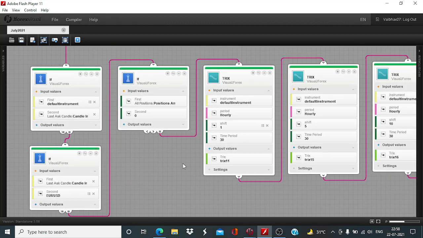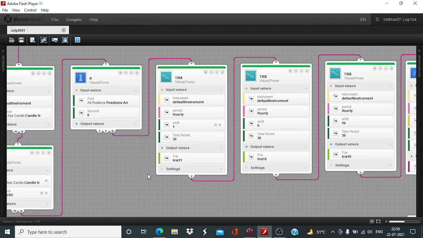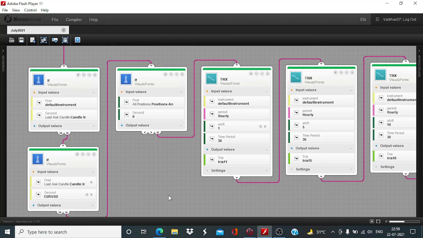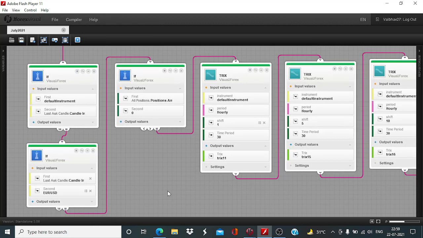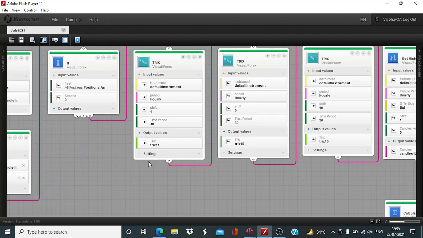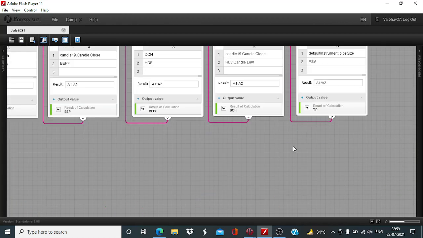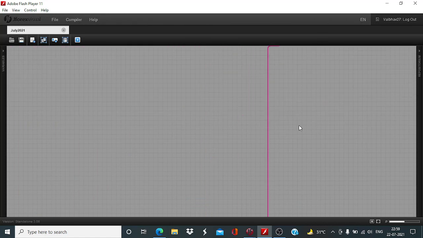In the prior two sessions, this setup was completed to the extent of the buy side, and now in today's session we have to add the sell side requirements, the conditions which need to be fulfilled by the price action for any trade to take place using this algorithm, which is of course revolving around the indicator TRIX.